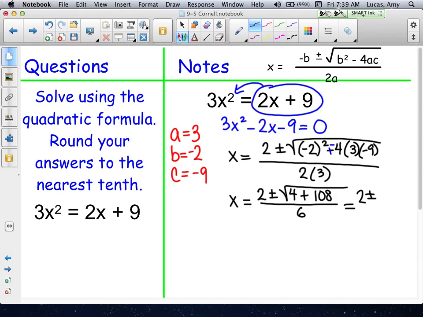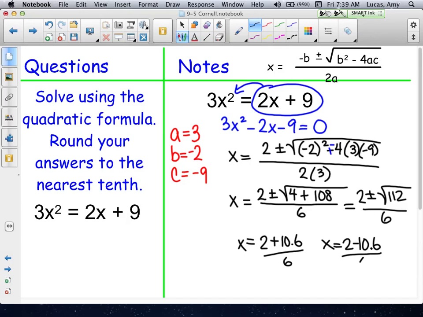So 2 plus or minus the square root of 112 divided by 6. So the square root of 112 is about 10.6. So 2 plus 10.6 and 2 minus 10.6 divided by 6.